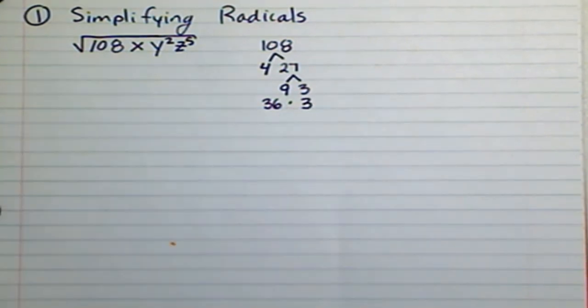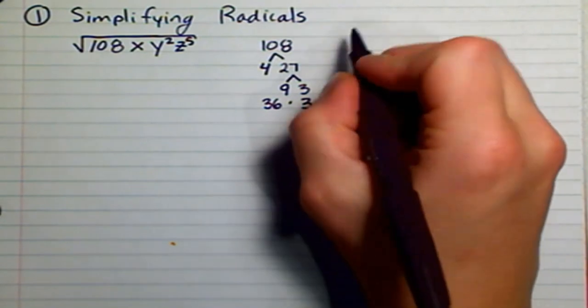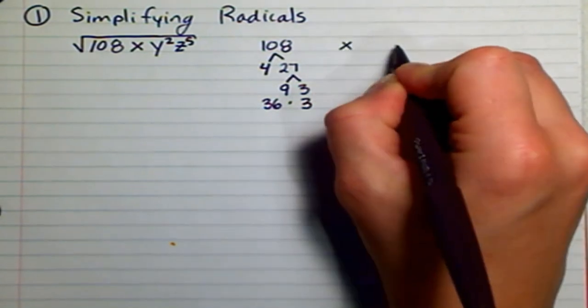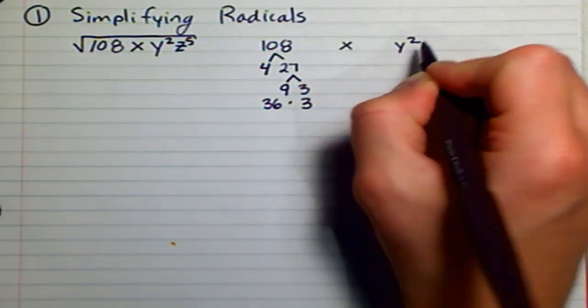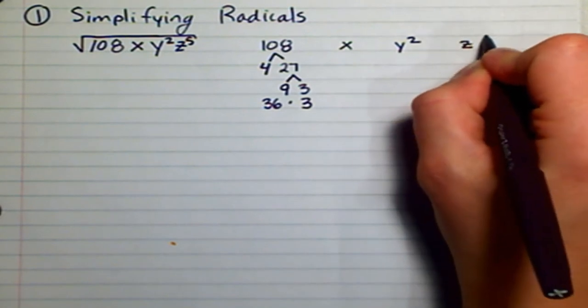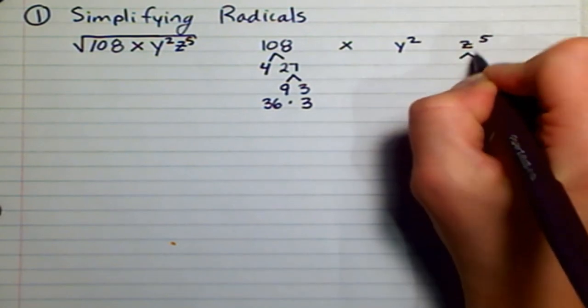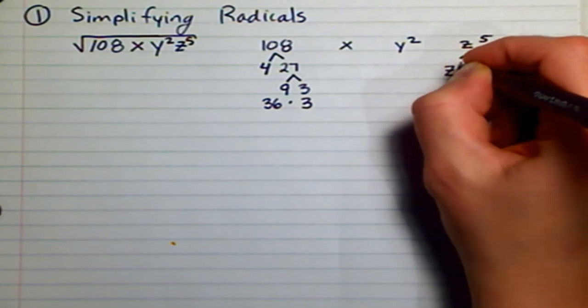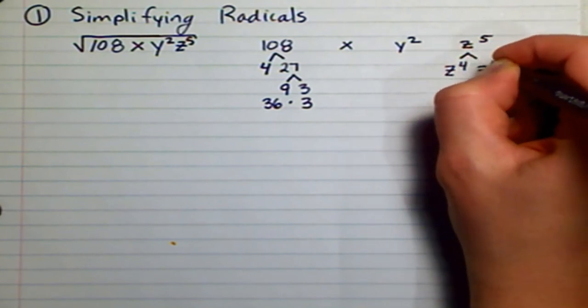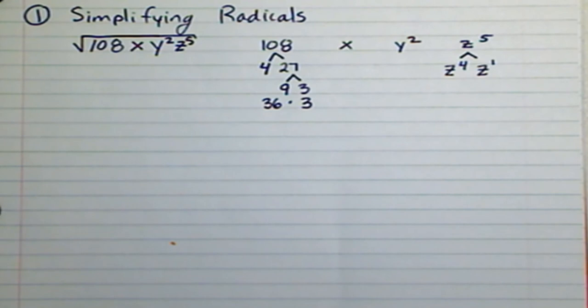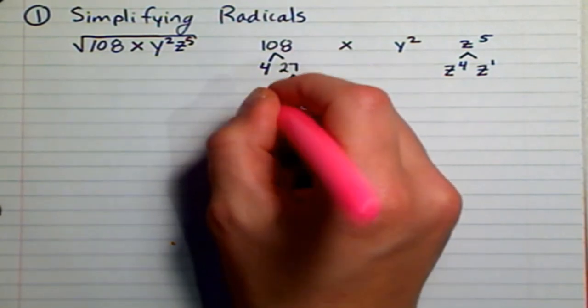And so I've broken 108 down into its perfect squares. x, y squared, and z to the fifth. z to the fifth has to be broken into 2 parts: z to the fourth and z to the first. Then I'm going to highlight my perfect squares.